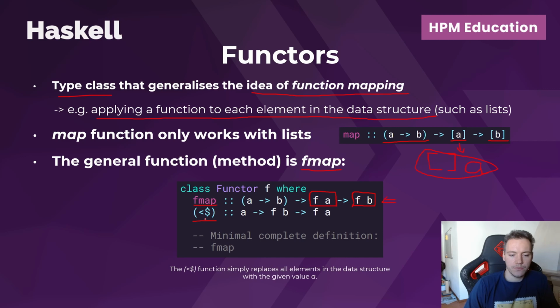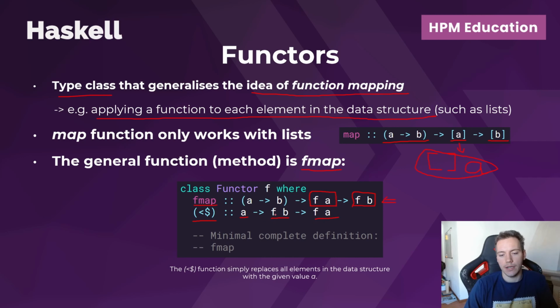The other function of the functor class is this, I'm not sure how to read it, less than dollar, which is a pretty simple function that takes in a value rather than a function and replaces each element of the given data structure with that value.